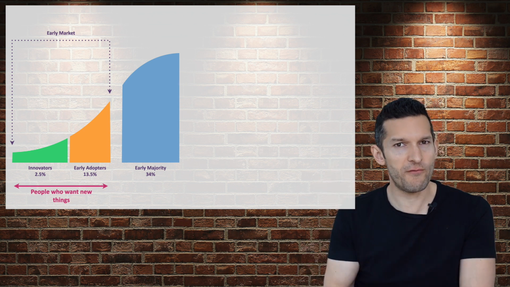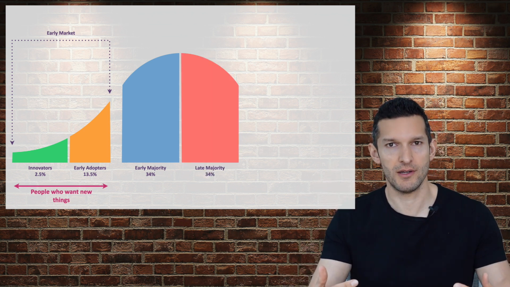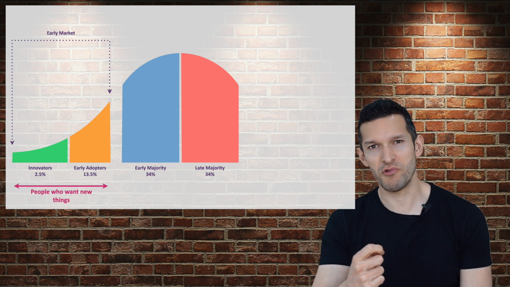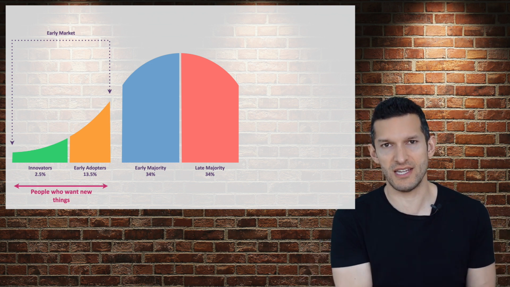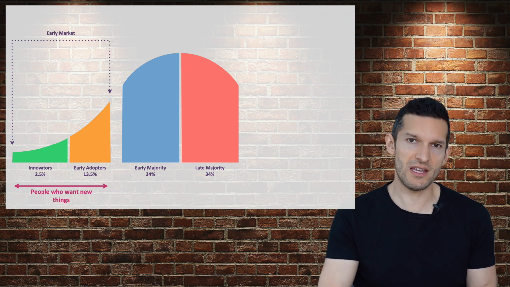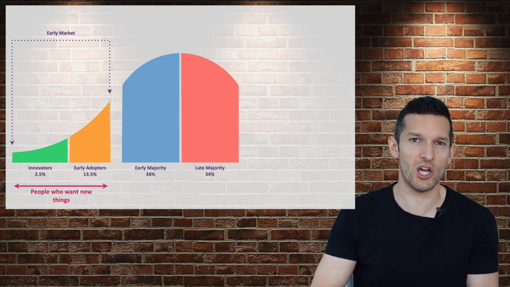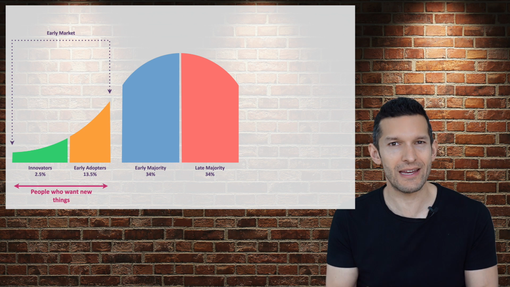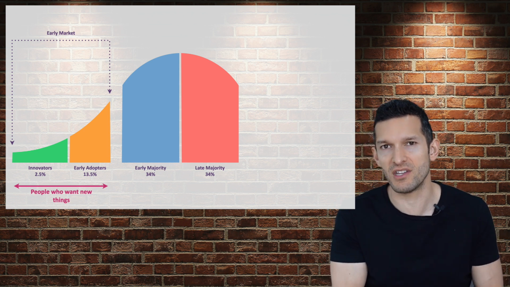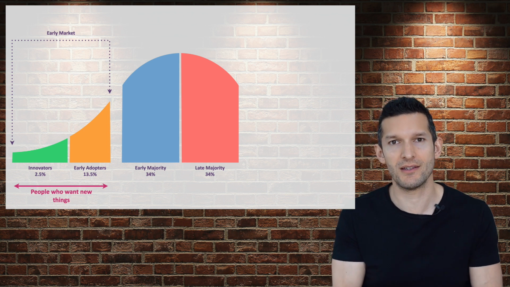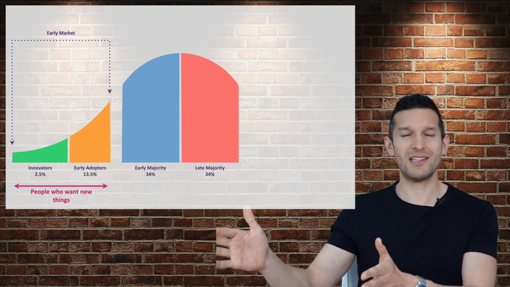Then another 34% is your late majority. And these people really, they're not going to do it until not just some people have done it, but until the majority of people have done it. So they'll be after the innovators, the early adopters, and the early majority, and they'll begrudgingly come along because, well, that cautious group that is the early majority have done it, so now we're going to do it. And that leaves you with 16% at the end.